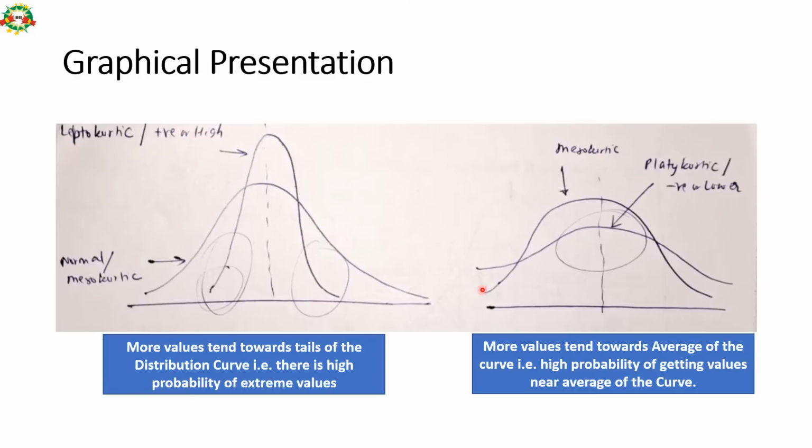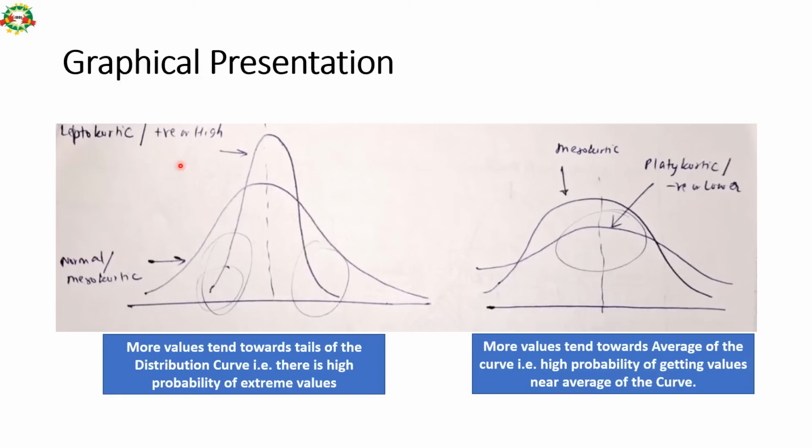the curve has more values towards the average and a high probability of getting values near the average of the curve, that means these tails are flattened and the probability of more values is around this point, that means it is a lower curve.